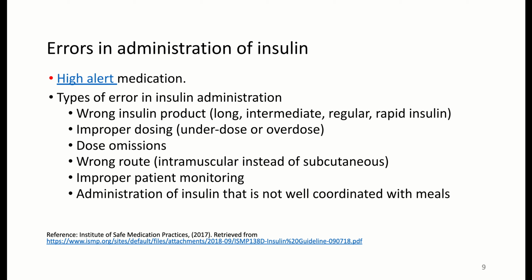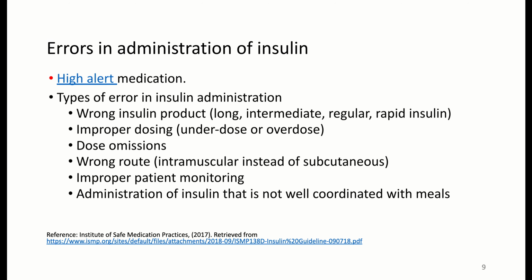A variety of error types have been associated with insulin therapy, including administration of the wrong insulin, improper dosing, such as underdosing and overdosing, dose omissions, wrong route, using intramuscular instead of subcutaneous, improper patient monitoring, and administration of insulin that is not well coordinated with meals.